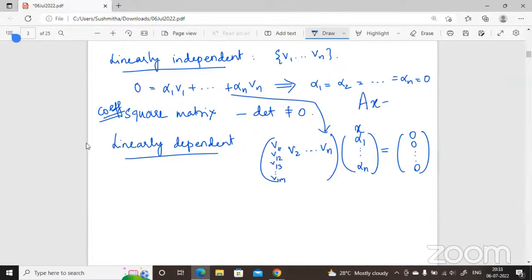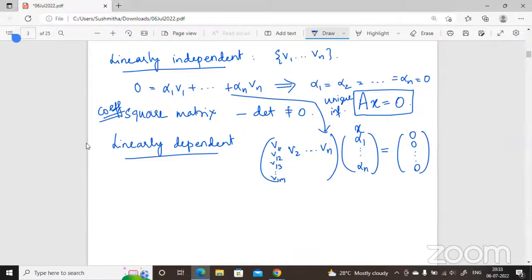So you have Ax equals 0, a homogeneous system of linear equations. How many solutions does it have? No, only one unique solution. That we need to check. It can either have a unique solution or infinitely many solutions.